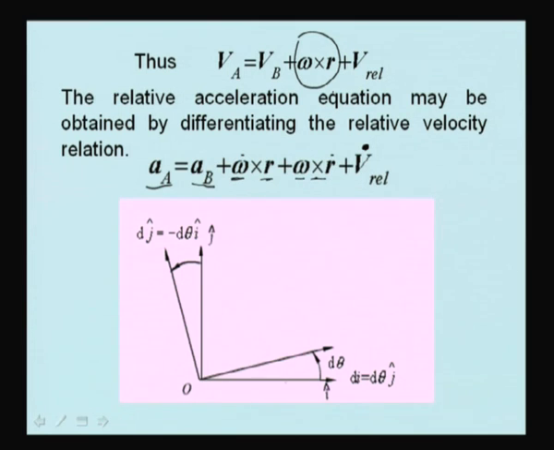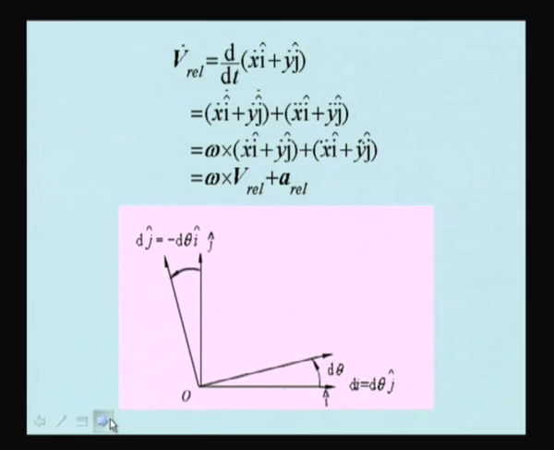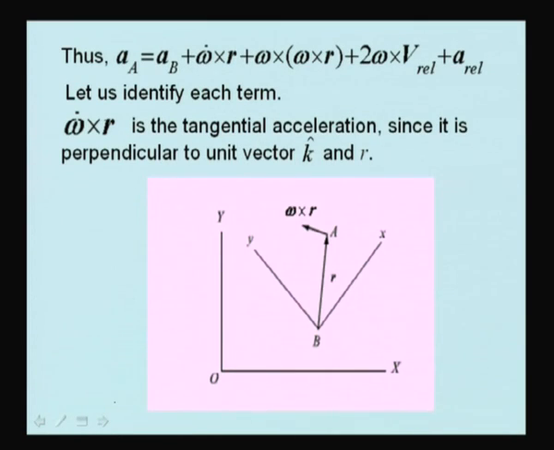Remember, there are 3 components here. And we get the acceleration AA equal to AB plus omega cross omega cross R plus 2 omega cross VL plus AL.